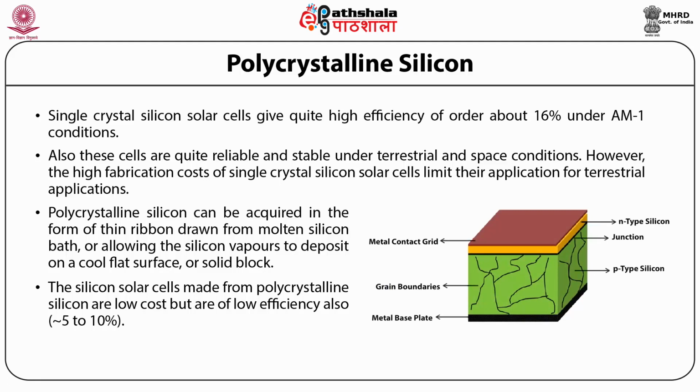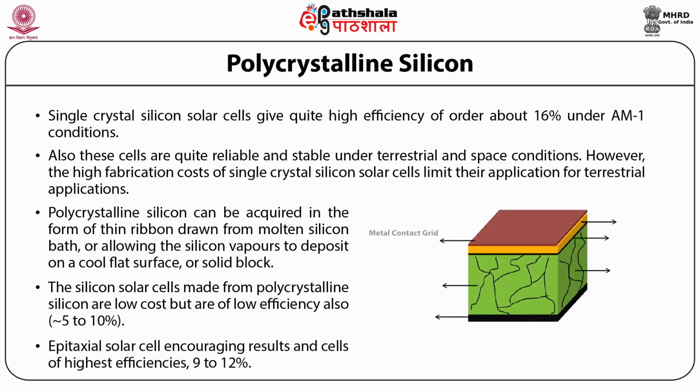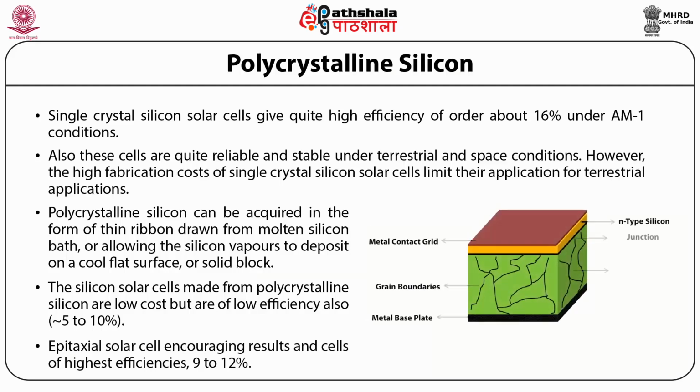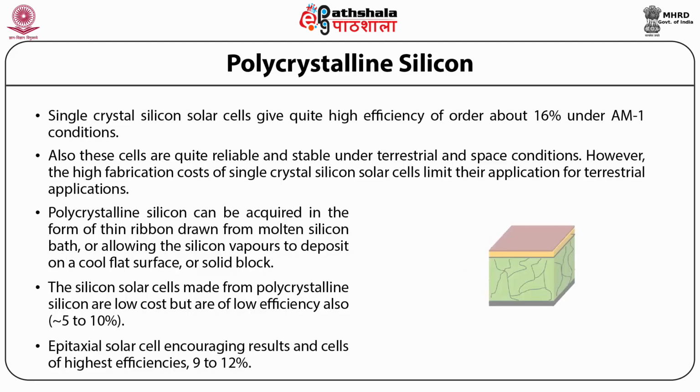Now there is a new concept known as the epitaxial solar cell, in which the active layer is a thin pure silicon layer deposited on a substrate which can be very pure. It has given encouraging results, with the cells of highest efficiencies of around 9 to 12%.